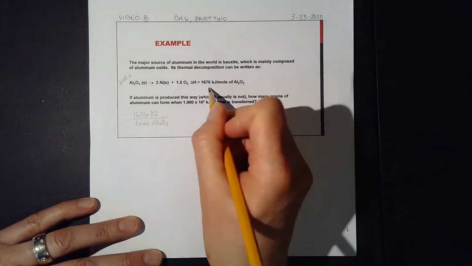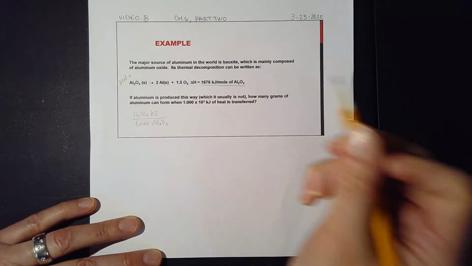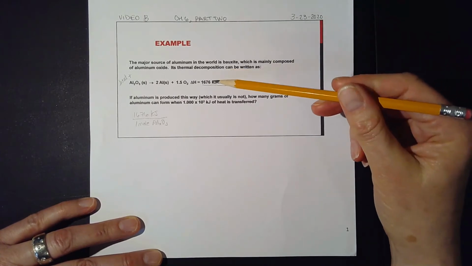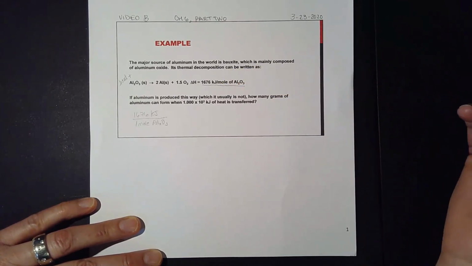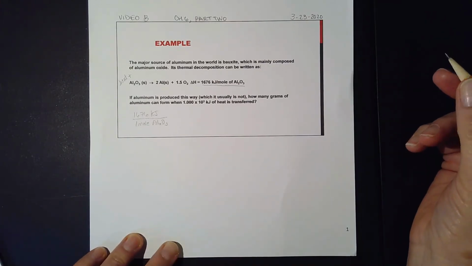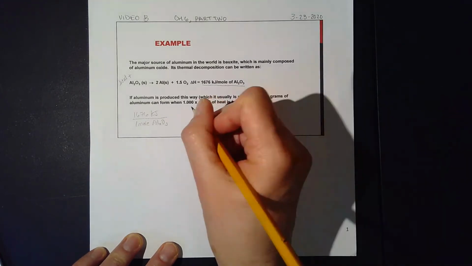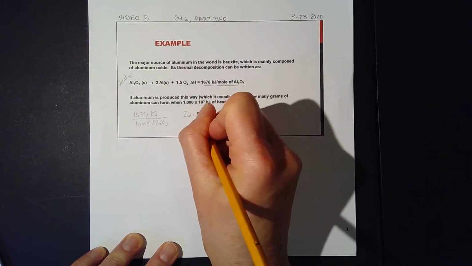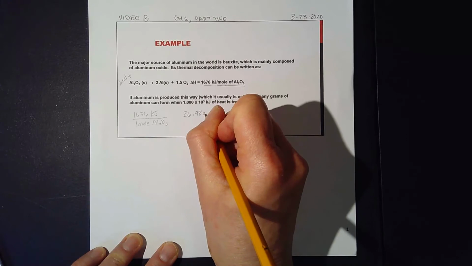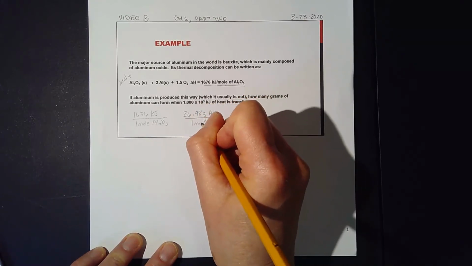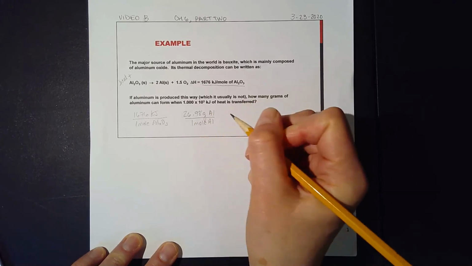This number up here is often going to be the conversion factor you're going to need to get from heat to amount of substance. In this example, we also are going to end up needing to know the molar mass of aluminum, which is 26.98 grams of aluminum per 1 mole of aluminum.